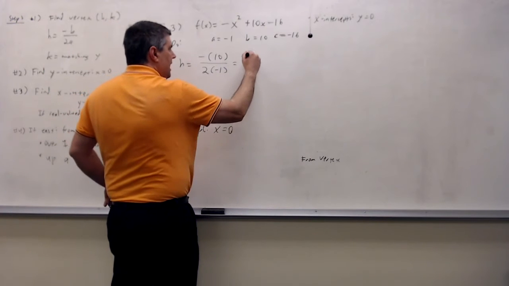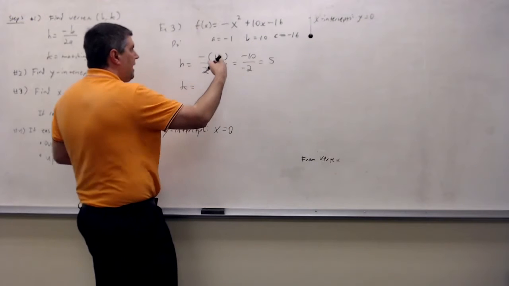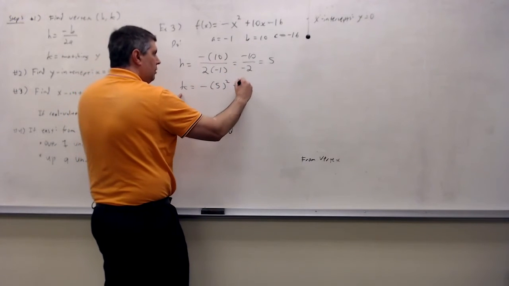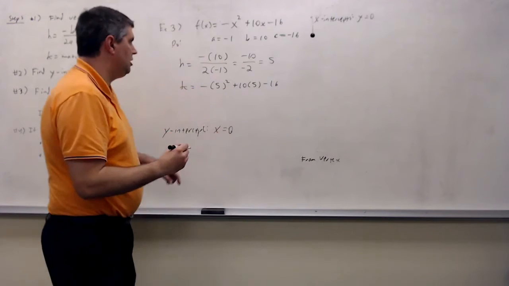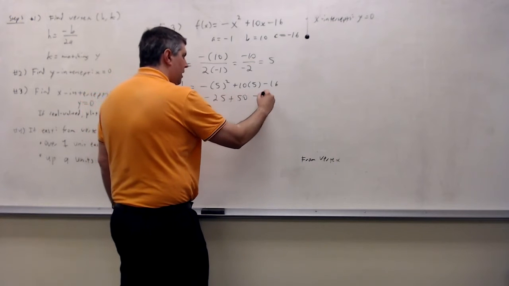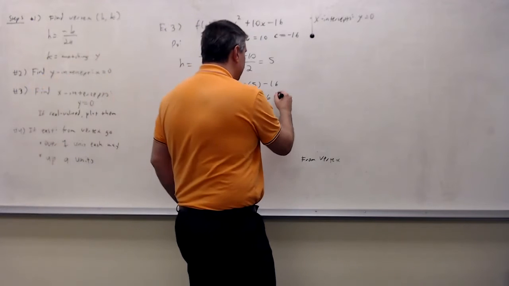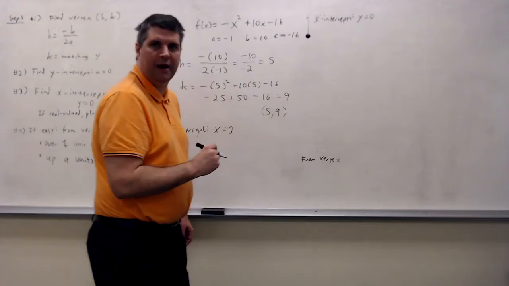So -10 over -2 is 5. So k will equal -5 squared plus 10 times 5 minus 16. So that will be -25 plus 50 minus 16. 25 minus 16 is 9. So I have 5, 9 as my vertex.